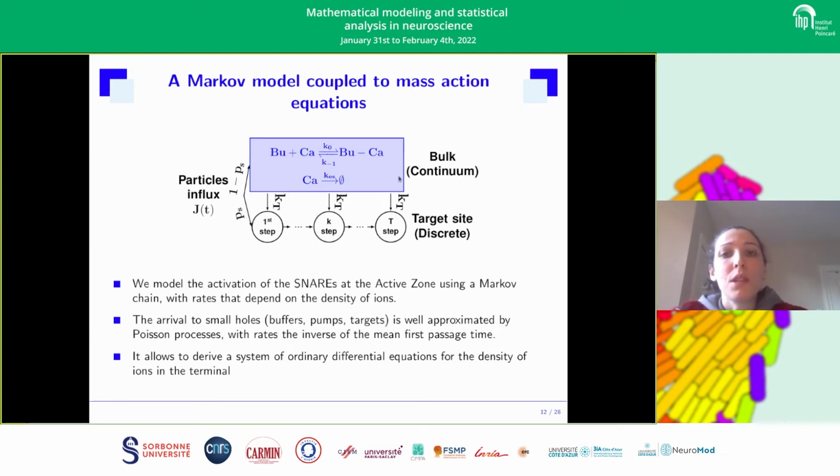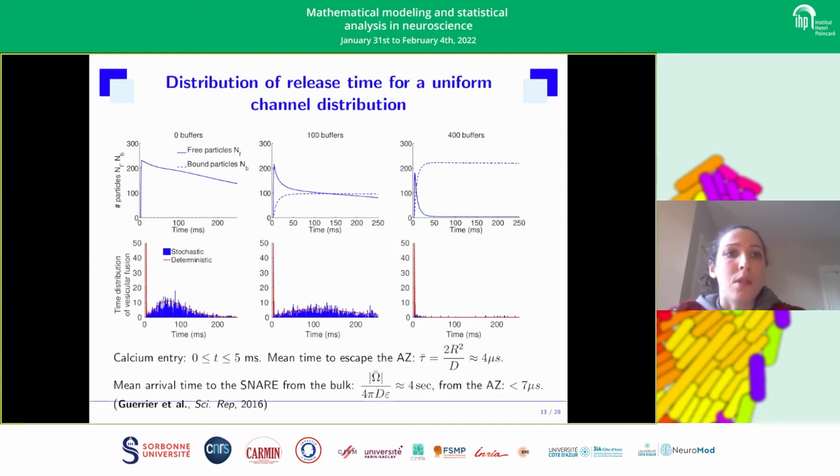And we could do this thanks to the mean first passage time theory and thanks to this arrival rate of the Brownian particle to this SNARE. That's thanks to the fact that this is an exponential law and that we could represent this as a Poisson process.